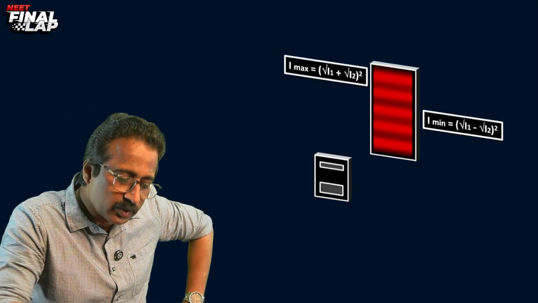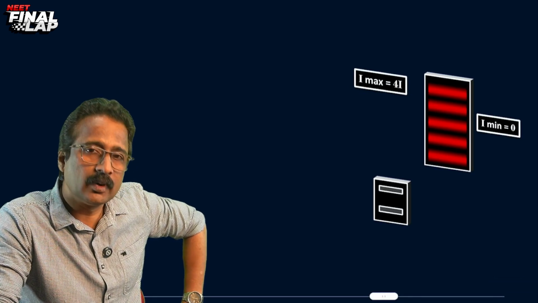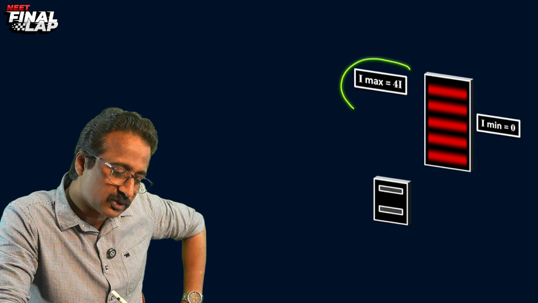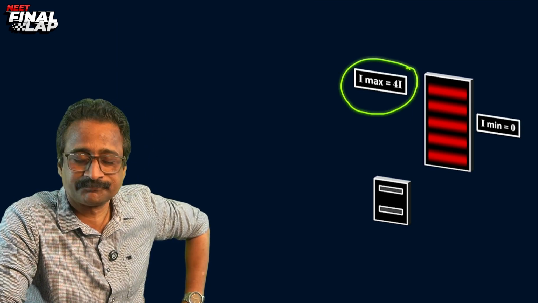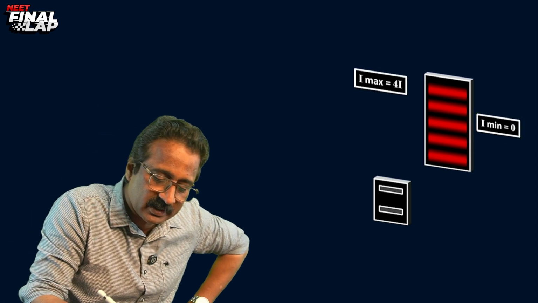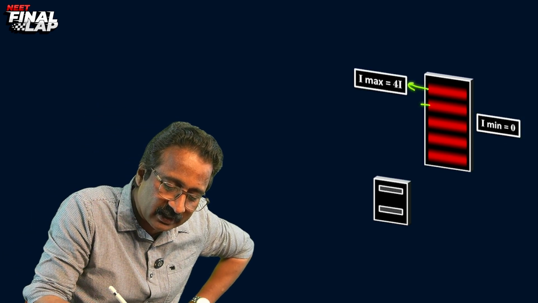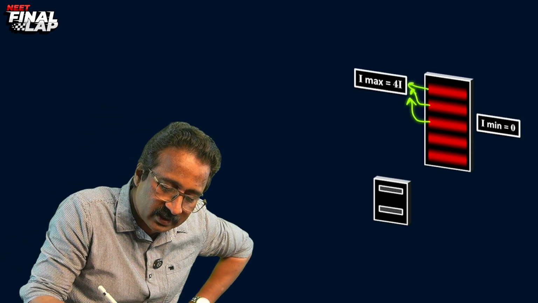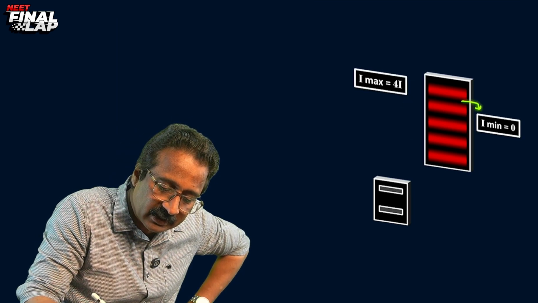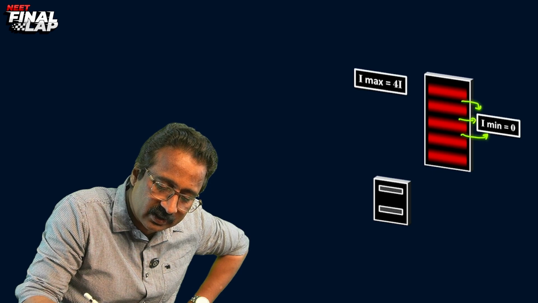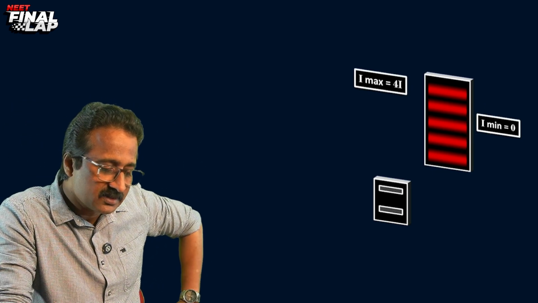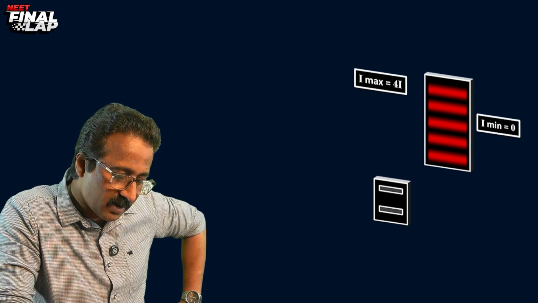The same equation is applicable for equal intensities as well. But when the intensities are equal, root I1 plus root I2 whole square will become 4I, and root I1 minus root I2 whole square will become 0. So, I mark the 4I, okay, ഒന്നുകിൽ ഇവിടുത്തെ അല്ലെങ്കിൽ ഇവിടുത്തെ ഈ ഇൻറ്റൻസിറ്റീസ് ഒക്കെയാണ് ഈ I maximum. അതേപോലെ I minimum ഉദ്ദേശിച്ചത് ഓക്കെ ഇവിടുത്തെ അല്ലെങ്കിൽ ഈ സ്ഥലത്തെ ഈ ഡാർക്ക് റീജിയനിലെ ഇൻറ്റൻസിറ്റിയാണ് ആക്ച്വലി I minimum. This is the way intensities are actually depending.